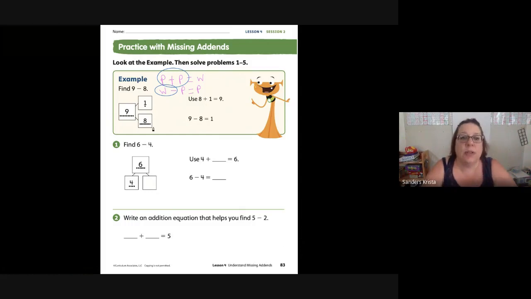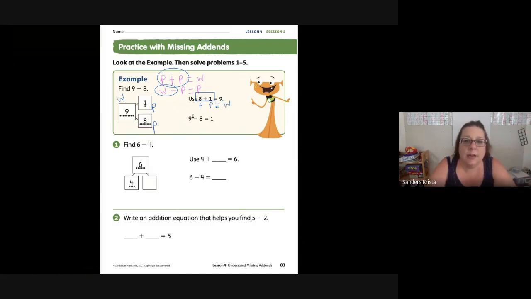Okay, so let's go through the whole page and label our whole and our part. Here's our whole. There's only one whole. Everything else has to be the part. Here's a plus. That means everything around it is a part, right? A part plus a part equals the whole.